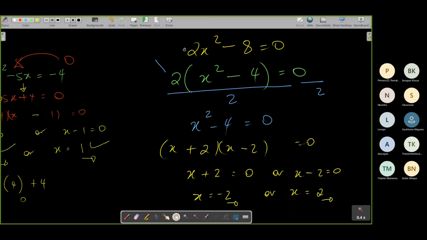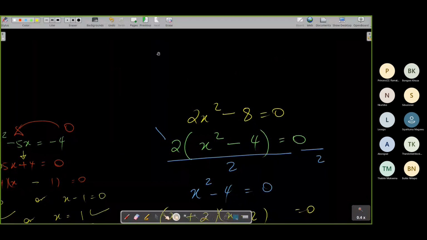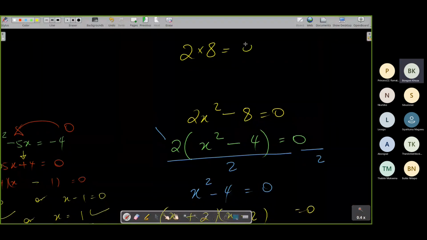And then we say that 2 times 8 is equal to x squared minus 16, equals 0.